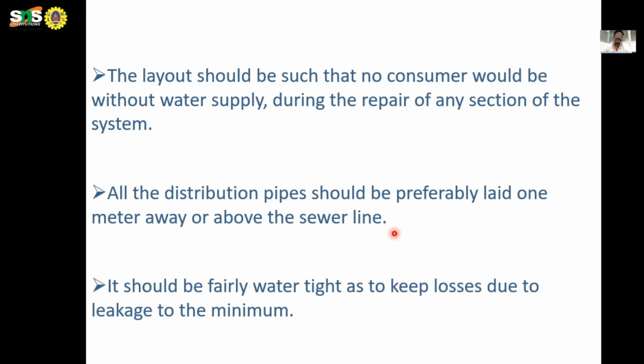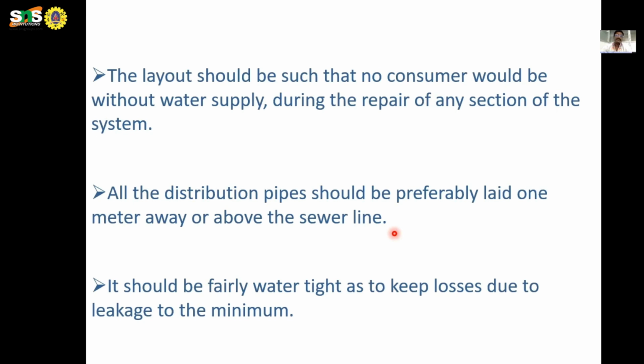In some cases, because of less space availability in the urban environment, people have both the water supply pipe and the sewer line on the same side. So we have to ensure that both are 1 meter apart. This is for safety purposes. Safety in the sense that if there are any breakages or any problem, the water should not get contaminated. To ensure that, we should keep both pipe networks 1 meter apart.